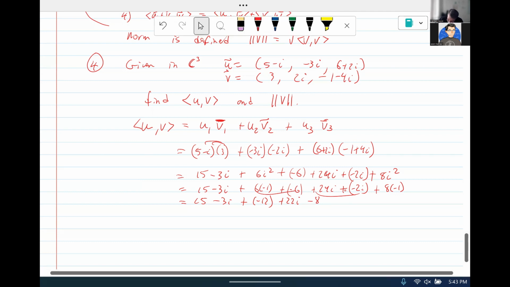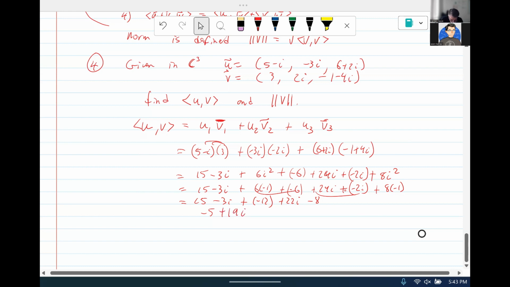Okay, and so I get 15 minus 12 is 3, 3 minus 8 is negative 5. Negative 3 and 22 is, is it a positive 19? Yes, positive 19i.